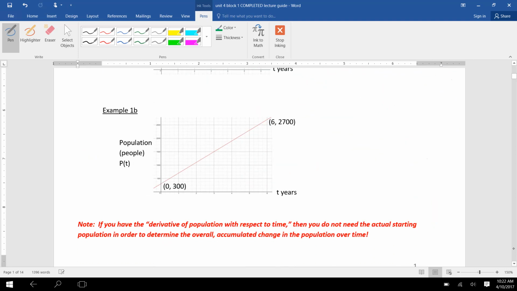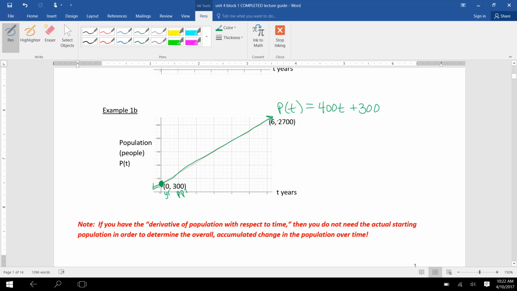All right, another example related to the same problem, example 1b. This time we have a population function, P of t, equal to 400t plus 300. So this is a population function that at year 0 has 300 people, but it is still linear.